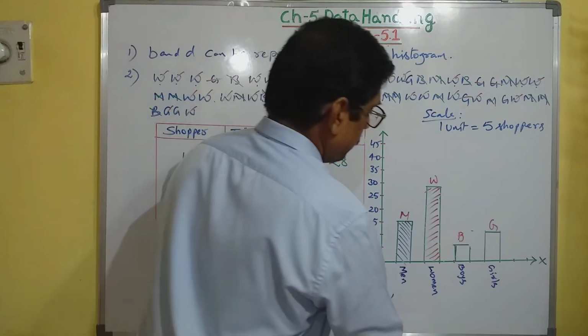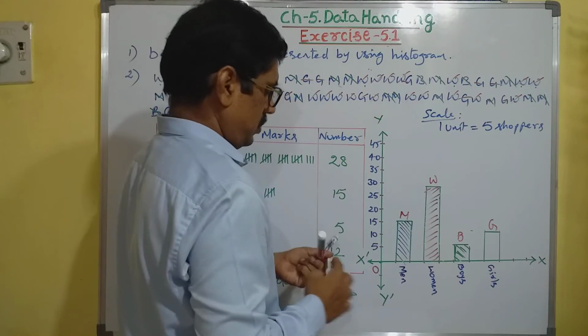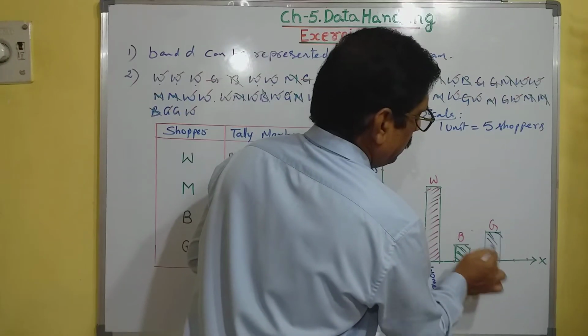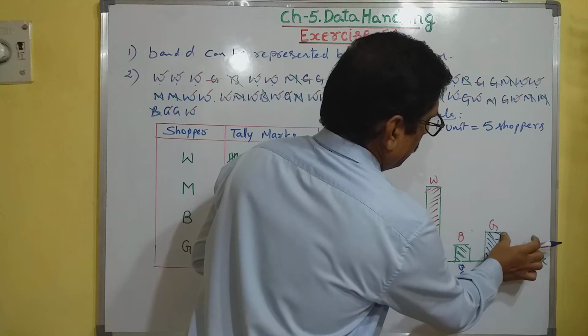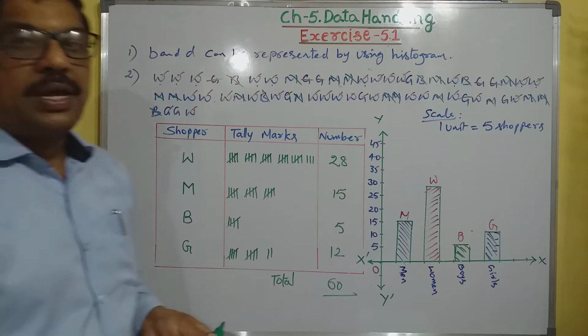This is boys. And this is girls number. So you can represent like this. This is the bar graph for the given data.